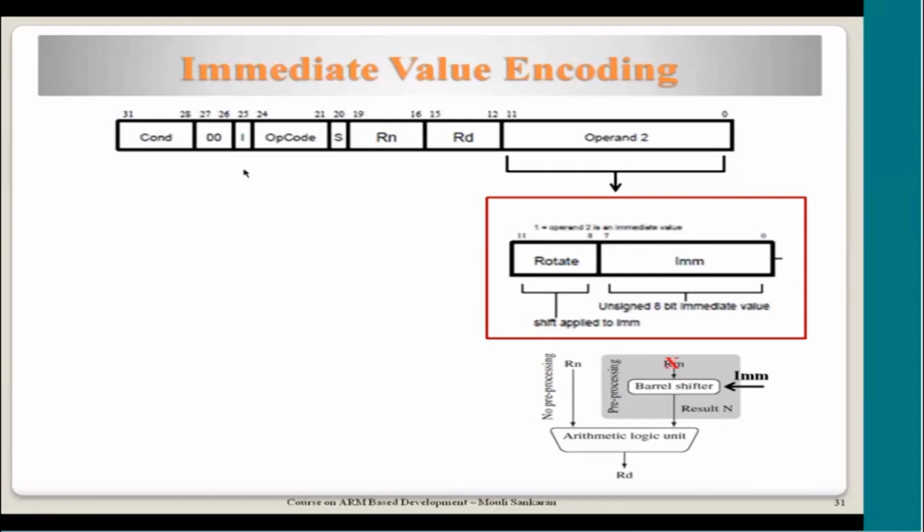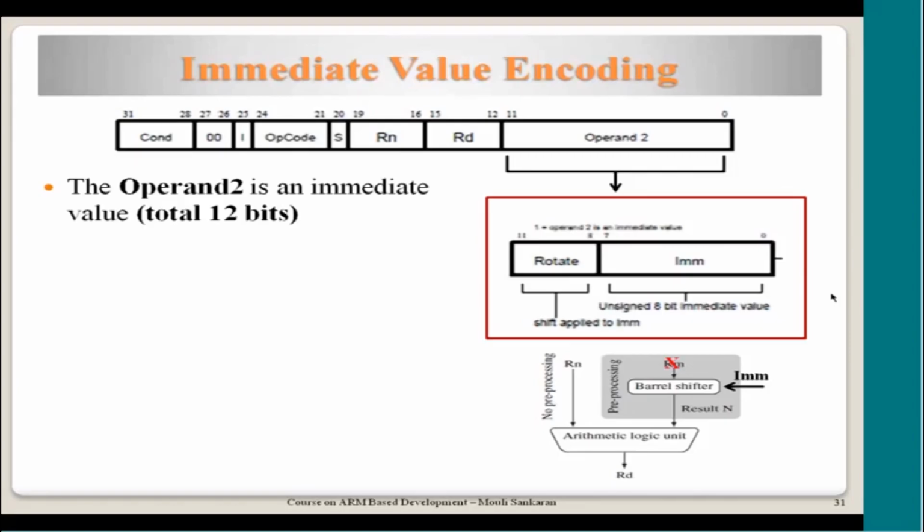Okay, if the I bit was set to 1, this 12 bit is interpreted as some rotate operation on some immediate constant, which happens to be an 8 bit value, and all of it is coming from the instruction as an immediate value, and no Rm is taken. That means no register contents are taken for the barrel shift operation, and then it will perform the operations based on the bit positions which are mentioned here.